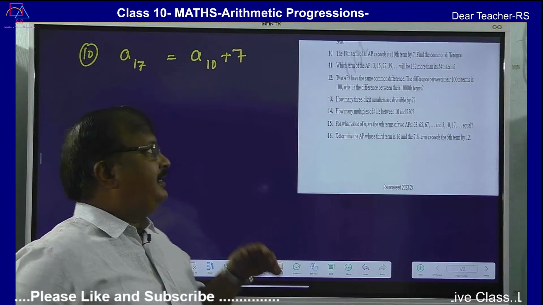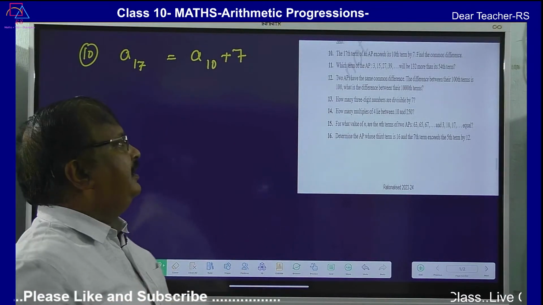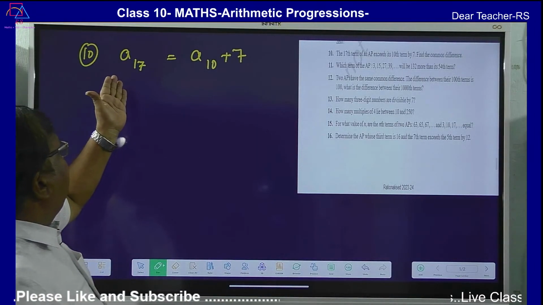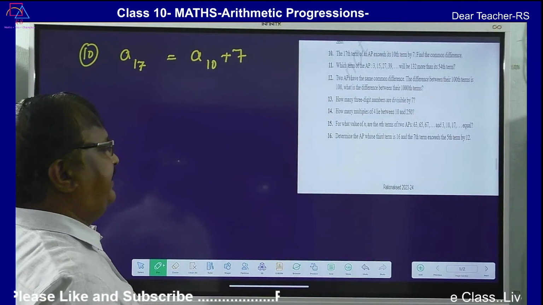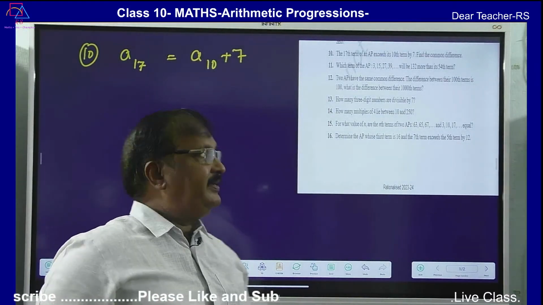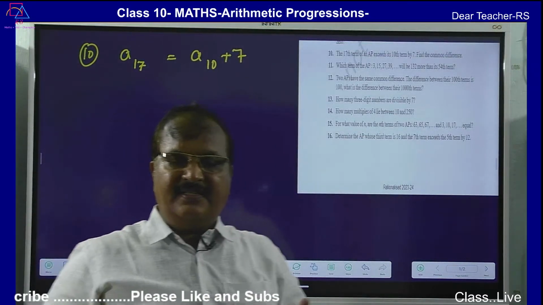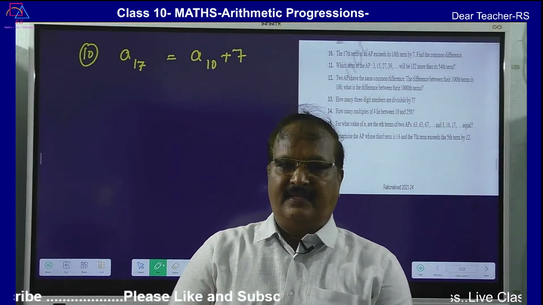That means the 17th term is 7 more than the 10th term, or A17 minus A10 is equal to 7. Both ways you can have it, and find the common difference. He did not ask anything else, he just asked to find the common difference.